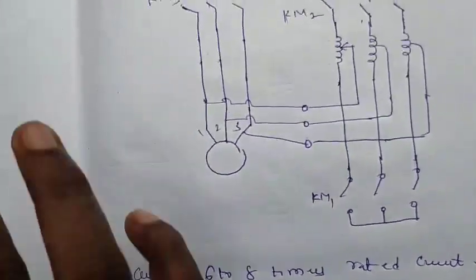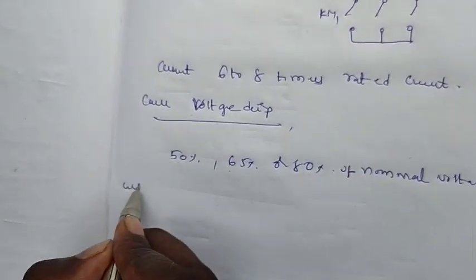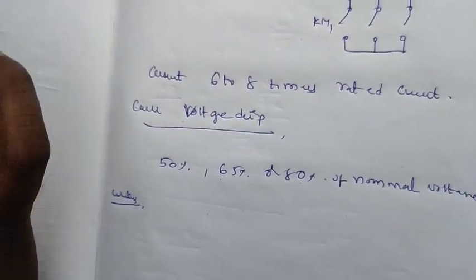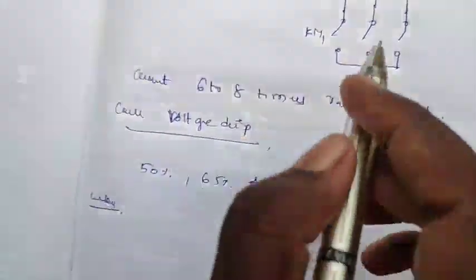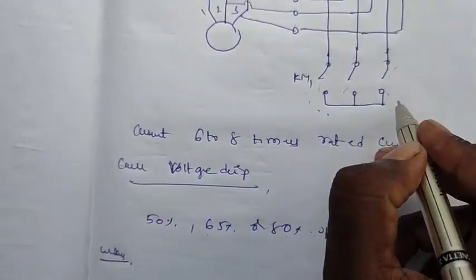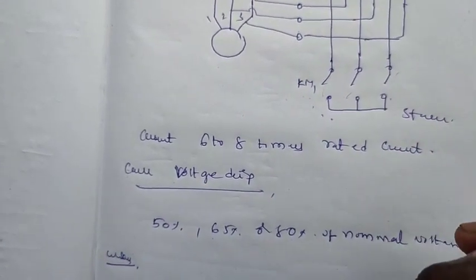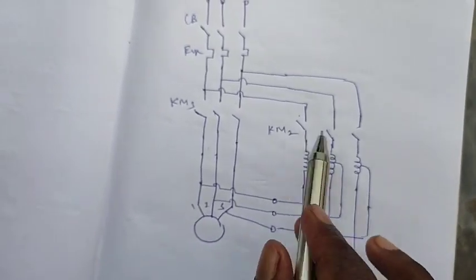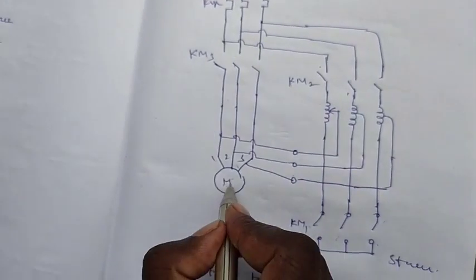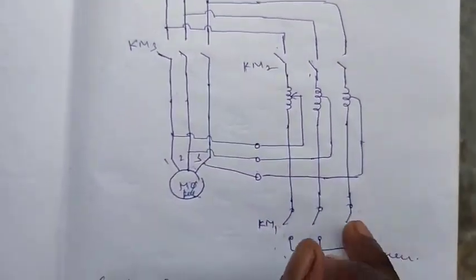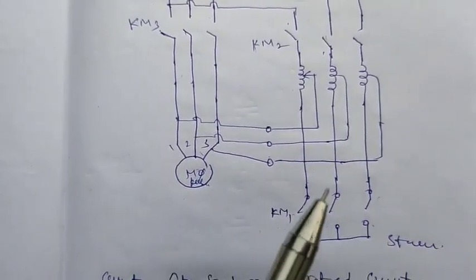In this working, the auto transformer starter is star connected by activating the star contactor. By closing this, it comes under the star connection, and the run contactor Km2 is closed. When the Km1 and Km2 contacts are closed, the motor comes to the star connection.